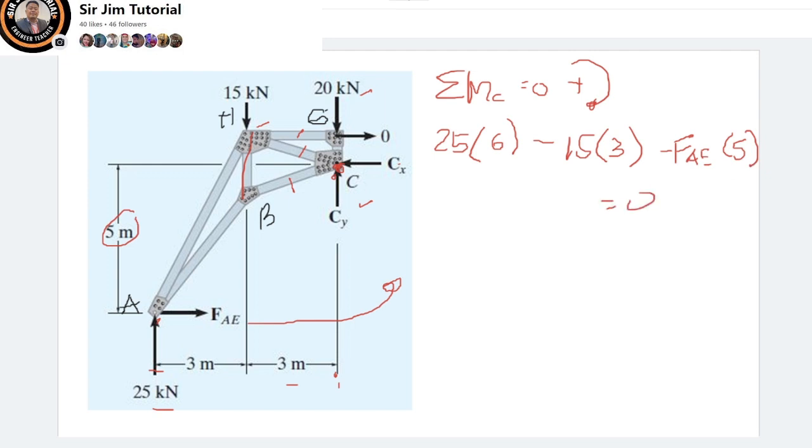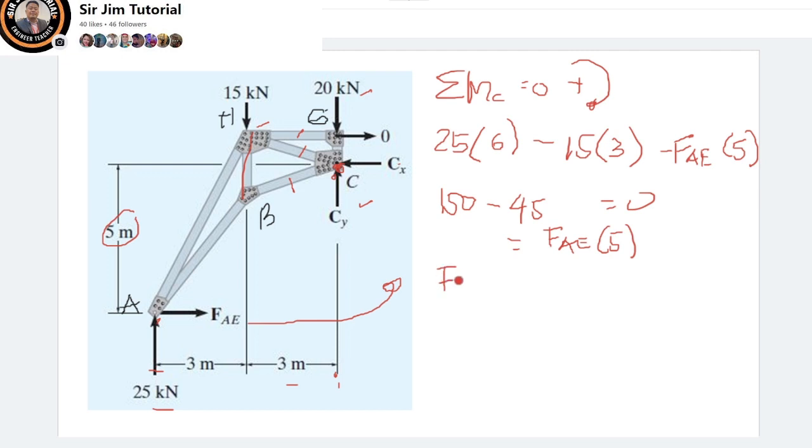Now if we put FAE on the other side, it becomes positive. 25 times 6 minus 15 times 3. 25 times 6 is 150, minus 15 times 3 is 45, equals FAE times 5.